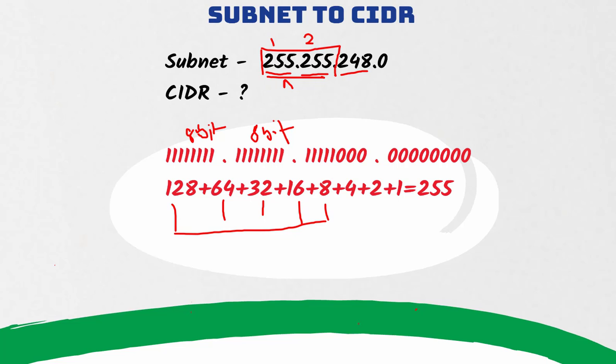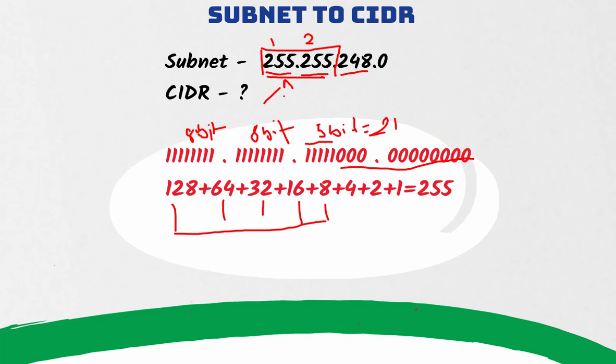So if I take the first 5 bits, it will come as 248 and the rest would be 0. So what would be the CIDR here? The CIDR would be 8 bits and then I have taken 5 bits. So the total is 8, 8 makes 16, 16 plus 5 is 21.